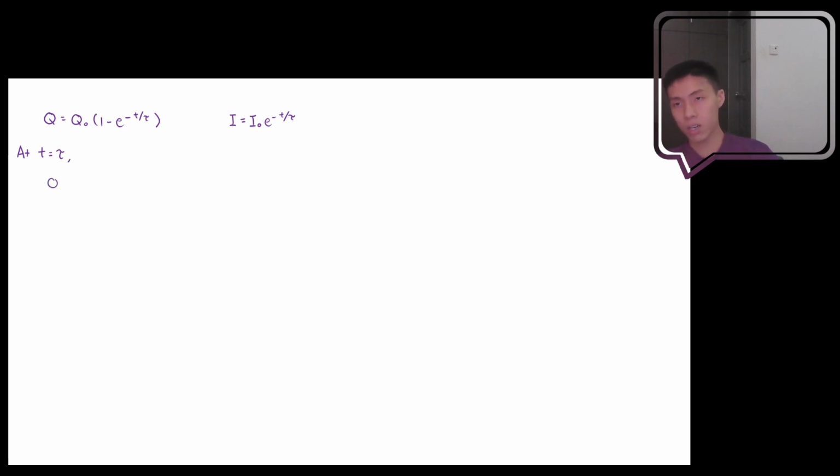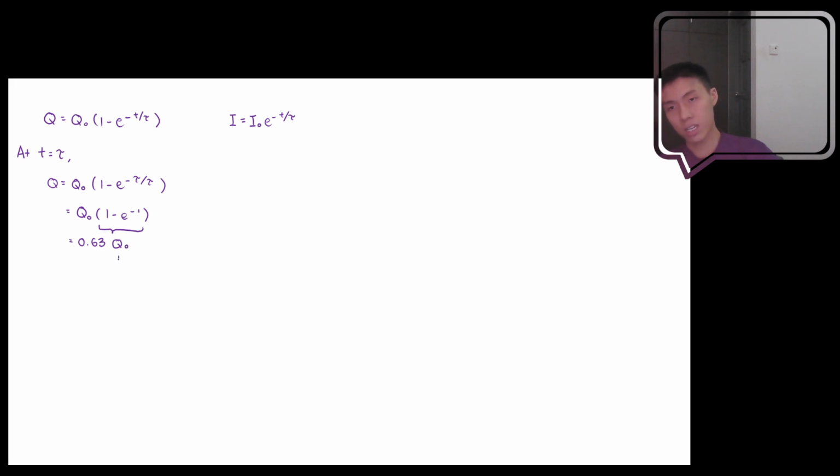At time equals tau, you can say Q equals Q naught (1 minus e to the negative tau over tau). You can sub in time to become tau, so tau over tau is just 1. If you put it inside here, you get this value. If you put it into a calculator, it's 0.63 something.